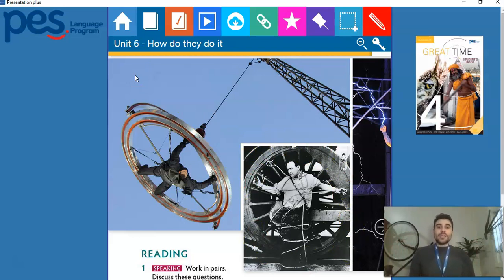But as we can see, this is a colored picture, so it seems more modern, right? And this one here is a black and white picture, which seems to bring us to earlier times, right? Maybe the very beginning of the 20th century or even the late 19th century, right? And they do seem to be doing a very similar one.